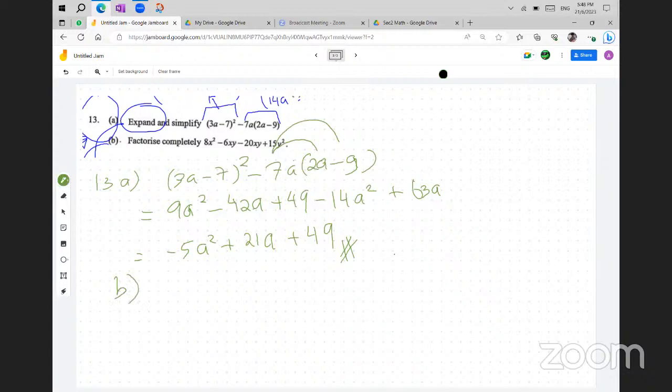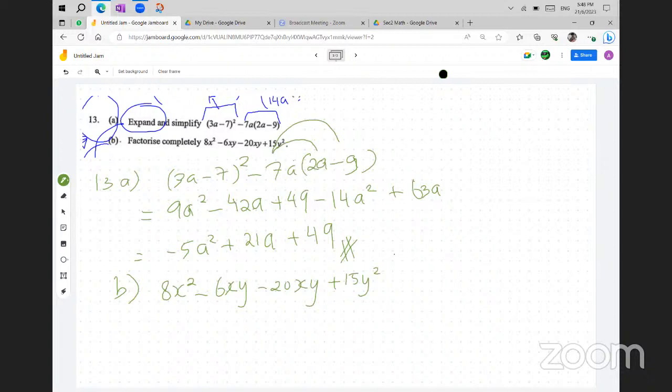Now, part B. What would you do with B? Oh, factorize. No, this one's factorize completely. True. What do you want? Think carefully.